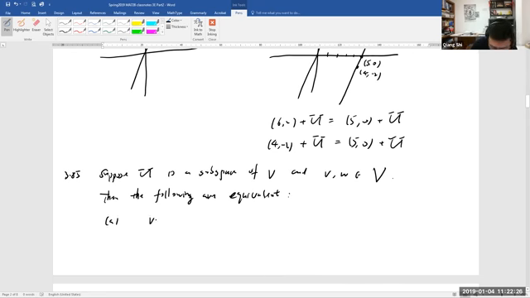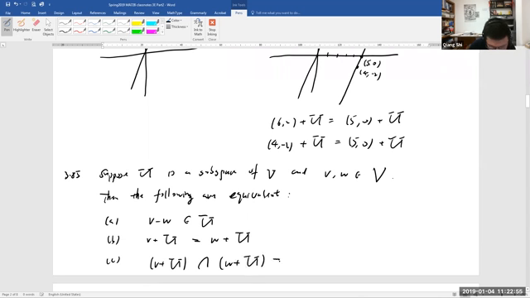A is: the difference v minus w, or w minus v, is in U. B is: the set v + U, capital U, is the same as the set w + U. And C is: v + U, which is a subset of the vector space V, intersected with w + U, this is not empty. So those three things are equivalent.